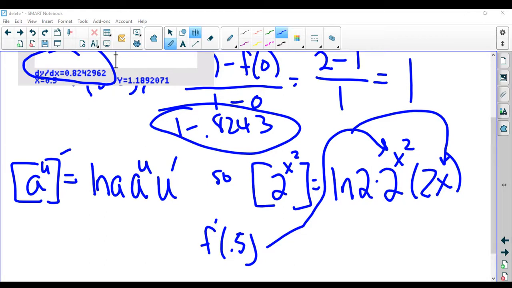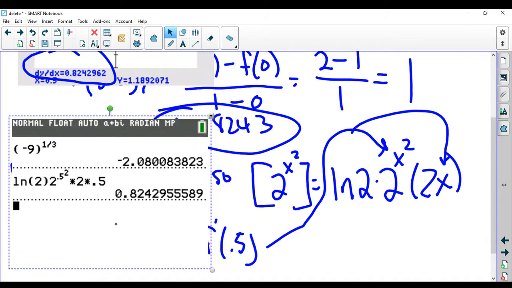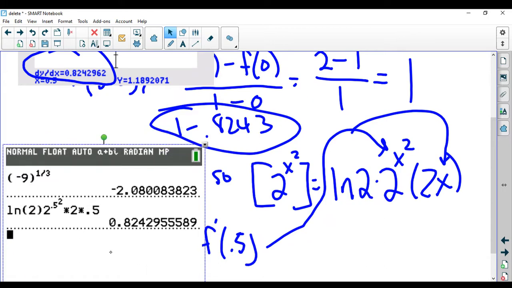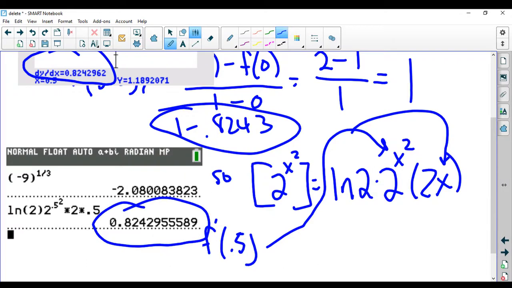I pre-typed it in for you. You can see that when you type in 0.5 for all the x's, you do get 0.8243. There you go.